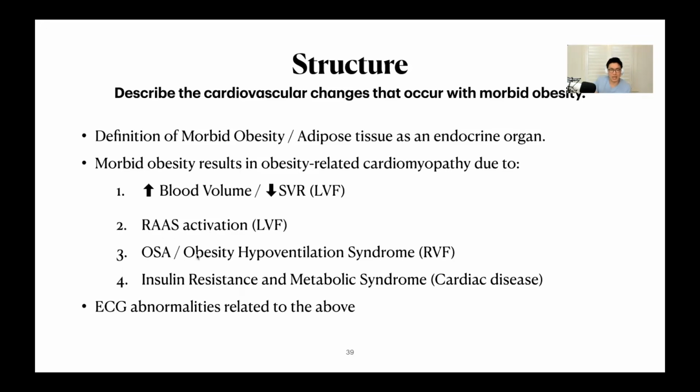Third, OSA and obesity hypoventilation syndrome. Fourth, insulin resistance and its associated metabolic syndrome, which leads to cardiac disease. And the fifth, a little paragraph on ECG abnormalities related to the above. I also want to include a statement on exercise, which is quite easy. You can just say that heart failure leads to cardiac dysfunction and can also lead to chronotropic incompetence, and that leads to a reduction in exercise tolerance.